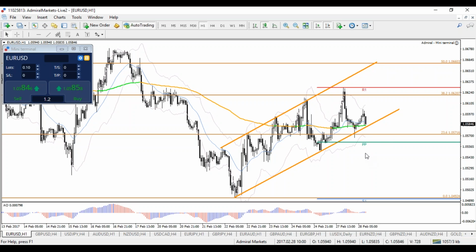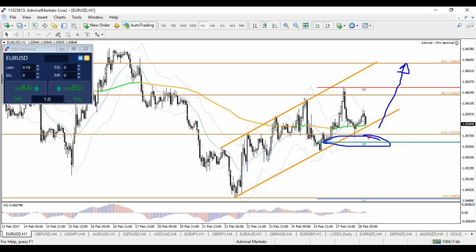It's a good channel, but price already bounced and is re-challenging a second time pretty recently. So I would rather wait for some bullish candlestick pattern at this. As long as it stays above the pivot point, any bullish candlestick pattern on the hourly or 4-hour chart that stays above the pivot point could be an indication of an upside towards, at the moment, the 50 fib, and perhaps higher, most likely.